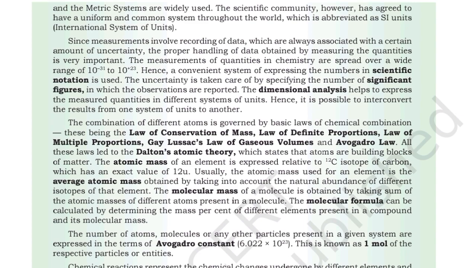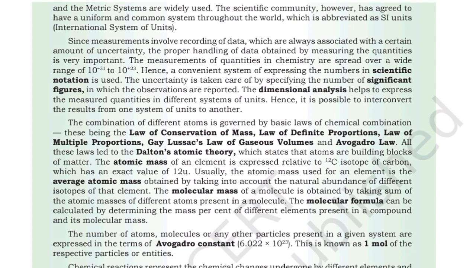Combination of different atoms is governed by basic laws of chemical combination. These being the law of conservation of mass, law of definite proportion, law of multiple proportions, Gay-Lussac's law of gaseous volumes and Avogadro's law. All these laws lead to Dalton's atomic theory, which states that atoms are building blocks of matter.